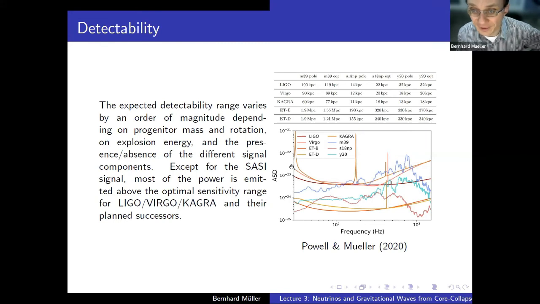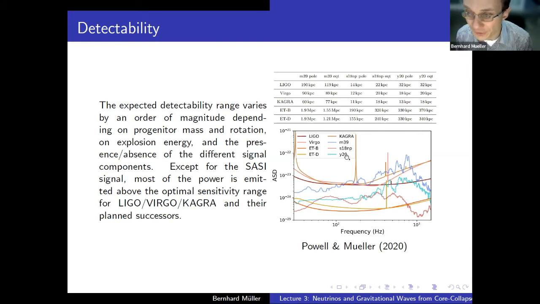And within our galaxy, you might vary from just a few kiloparsecs if you have a very light progenitor model where the explosion happens quickly, little convective overturn. And for typical progenitor stars, you probably expect detection distances of the order of 10, 20 kiloparsecs.